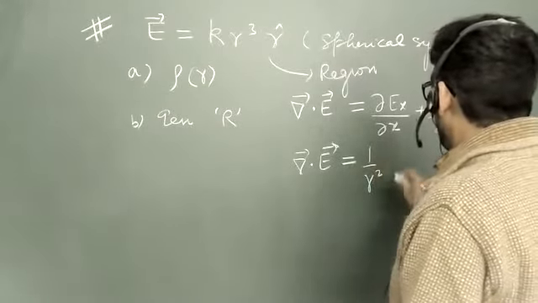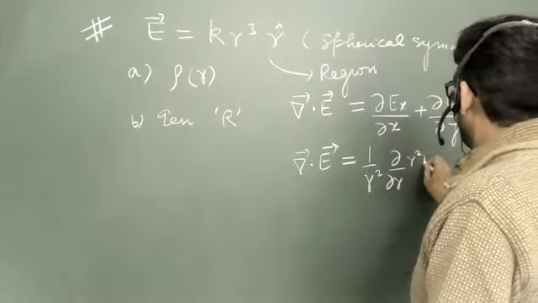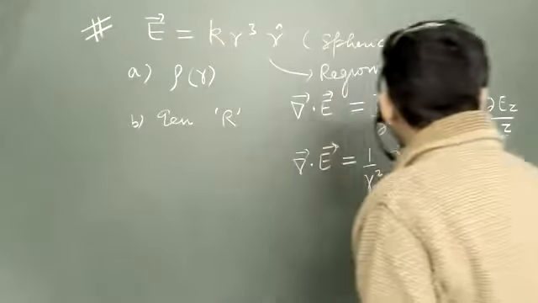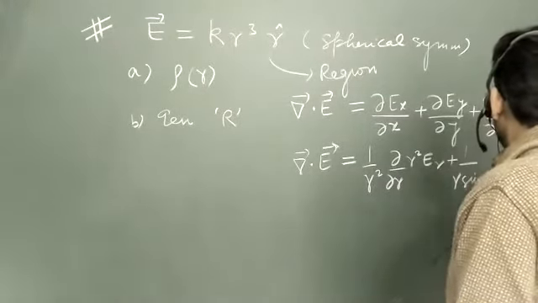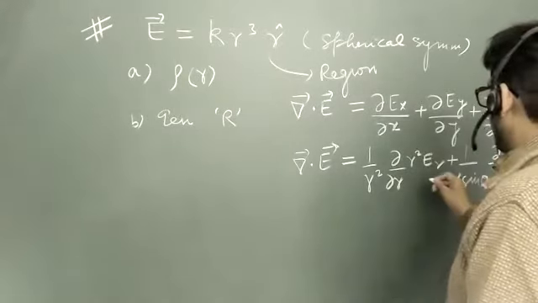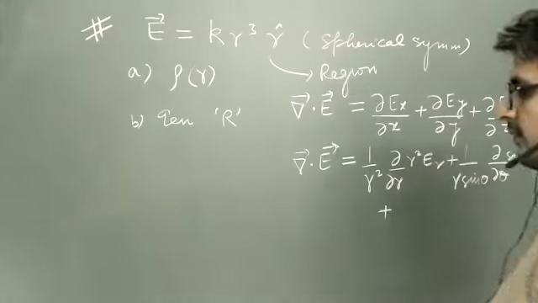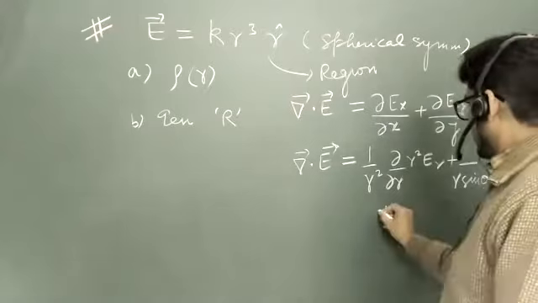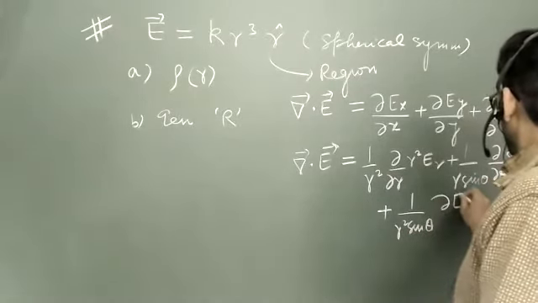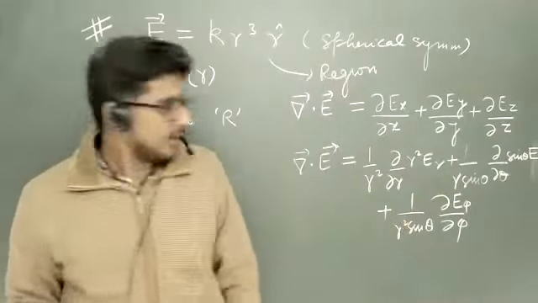It comes out 1 over r square del by del r of r square Er plus, yes, can anybody tell? 1 upon r sine theta del by del theta of sine theta E theta, and plus, what about phi? 1 upon r sine theta del E phi by del phi, right?